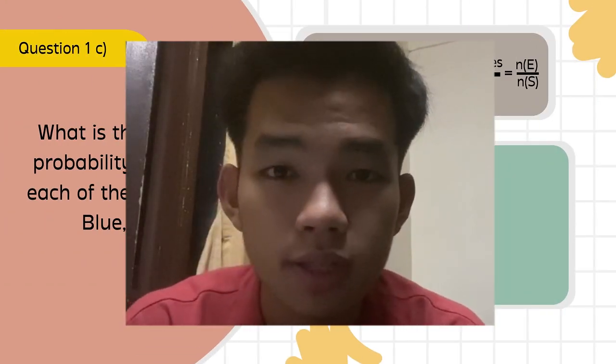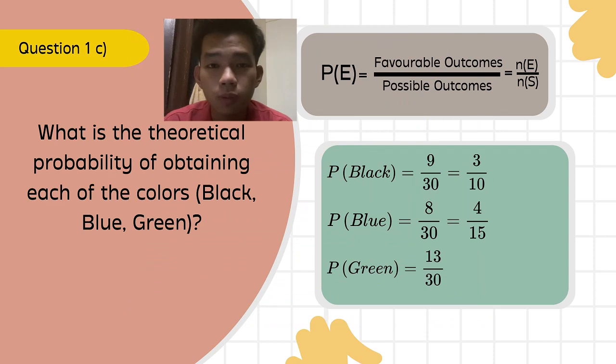Next, for question C, we need to find the probability of obtaining each of the colors between black, blue and green. The formula that we use is favorable outcome divided by possible outcome, number of events divided by number of samples.